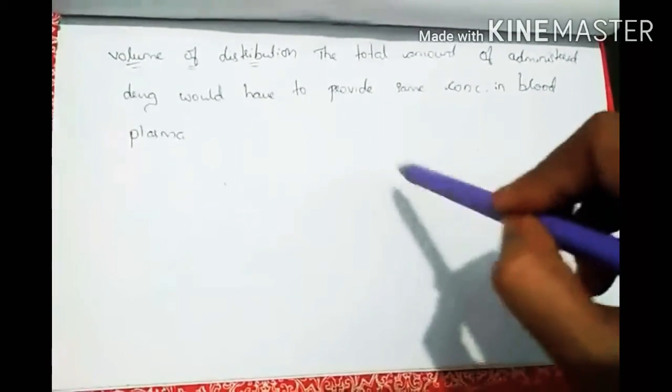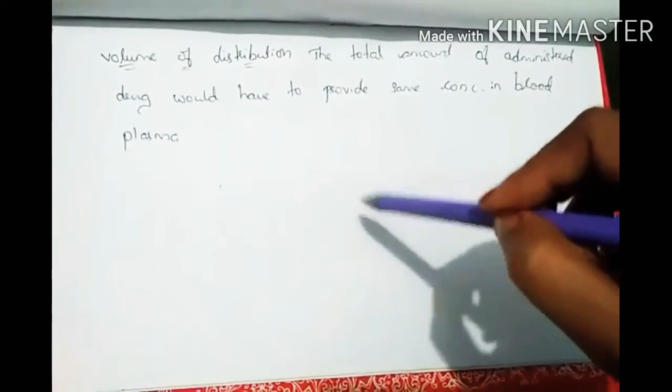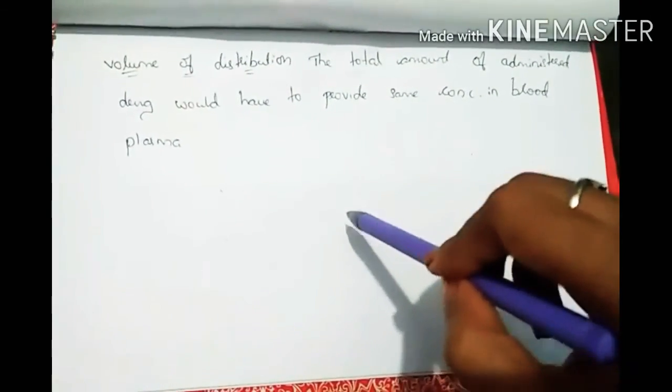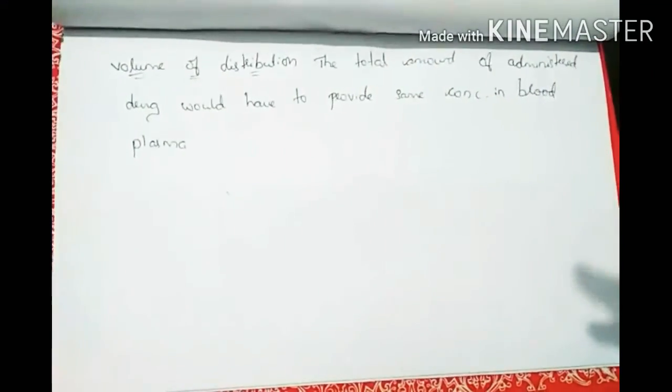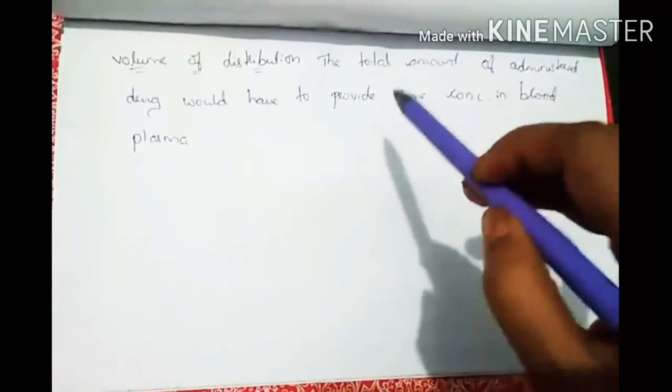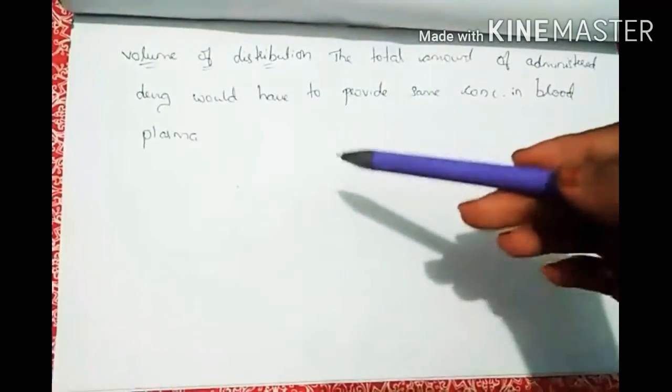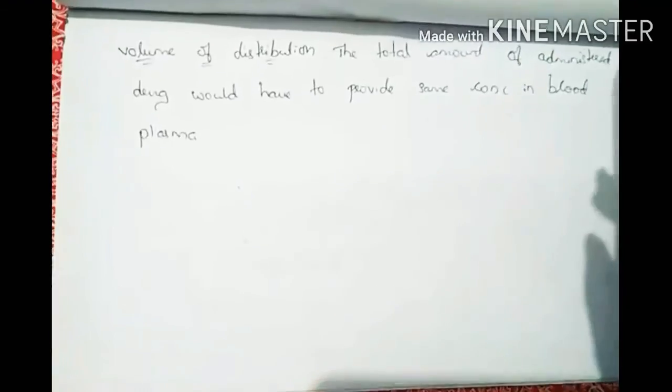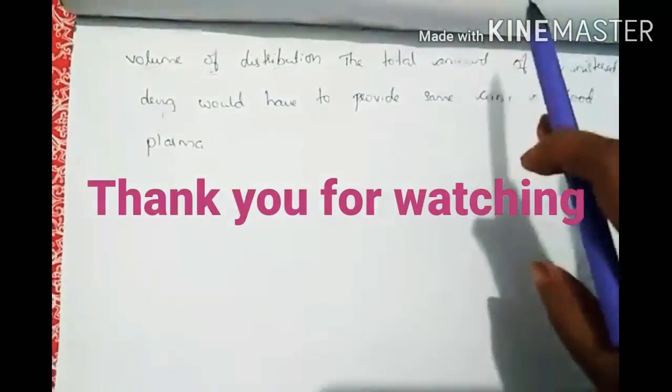So redistribution takes place, and after that elimination will occur. So this is the first compartment method and the second compartment method of distribution of a drug in the body. This is the distribution of the drug. Thank you.